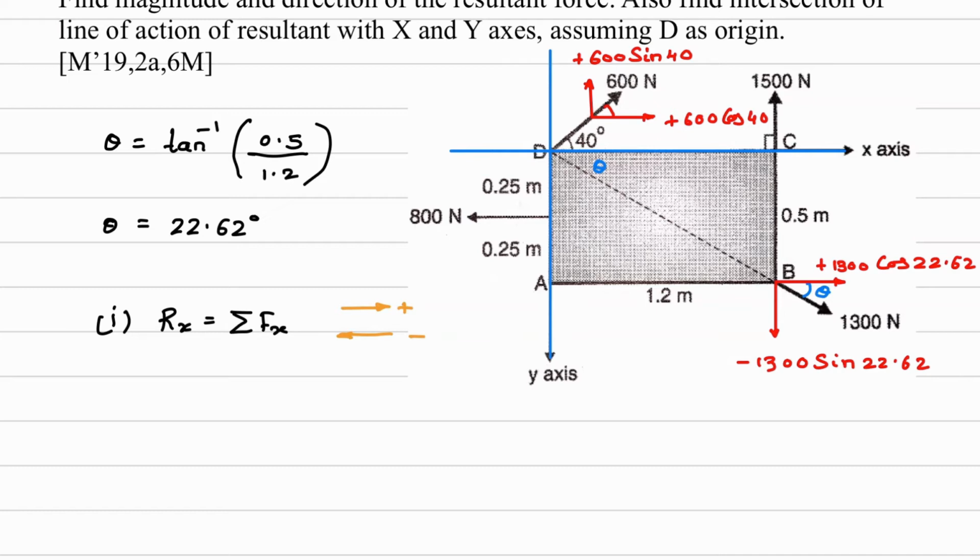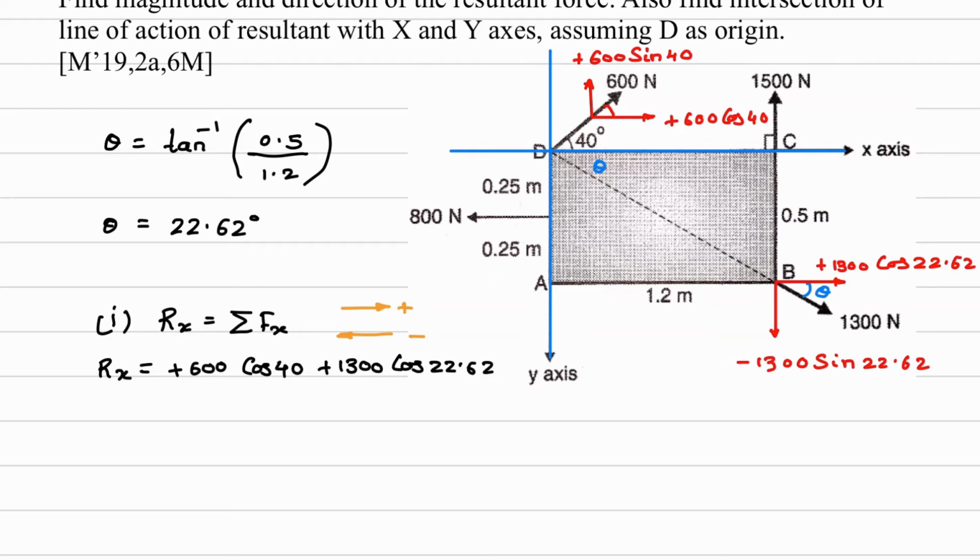So Rx is equal to, if you consider 600, first will be this component, so plus 600 cos 40. Next 1500, it doesn't have any x component. Next we will see this one. So this has plus 1300 cos 22.62.